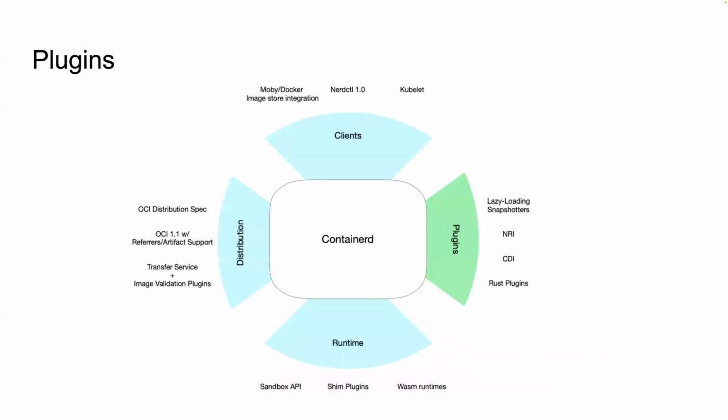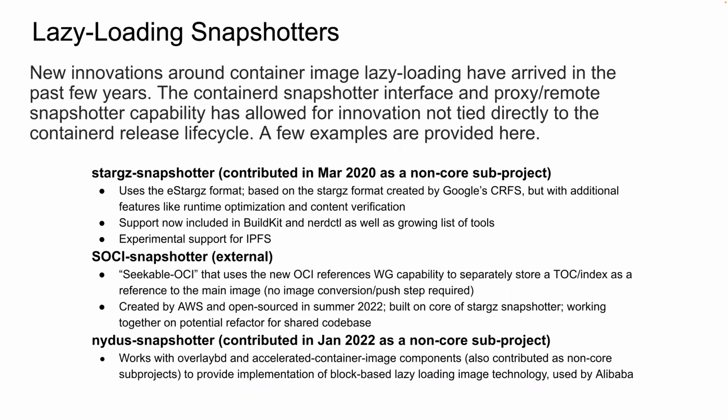So let's move on to talk about the plugins and our plugin landscape today. One of the buzziest ones has been lazy loading snapshotters, and I think for good reason. A common measurement is how long it takes from when a container is scheduled on a node to when the container is up and running.